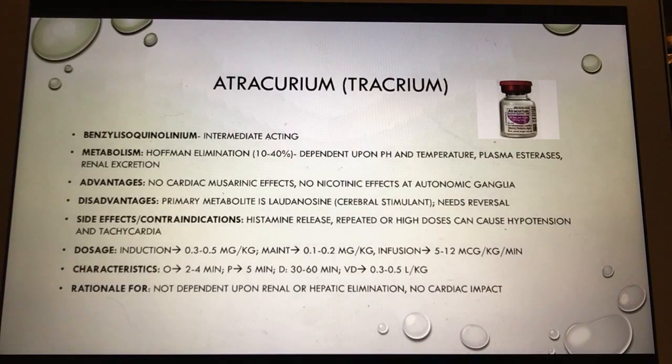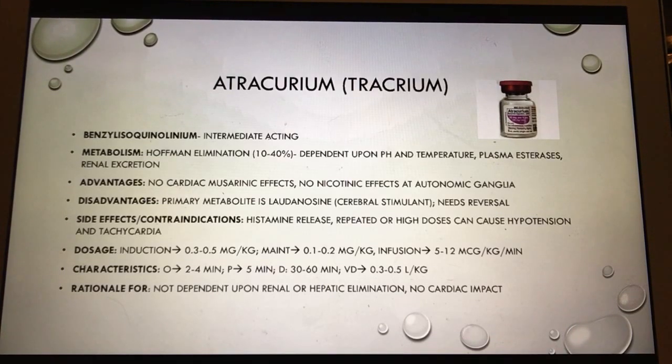Atracurium, it's a benzylisoquinolinium that is intermediate acting. It's metabolized by Hofmann elimination, which is dependent on the pH and temperature, plasma esterases and renal excretion. Advantages for using atracurium: there's no cardiac muscarinic effects, no nicotinic effects at the autonomic ganglia as well.